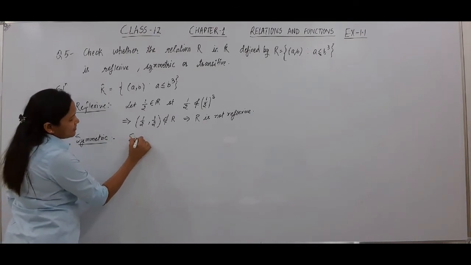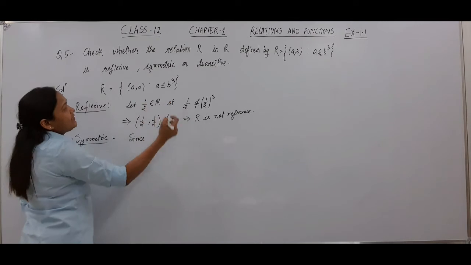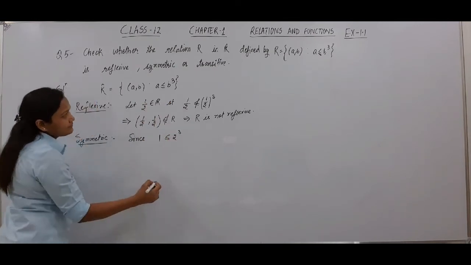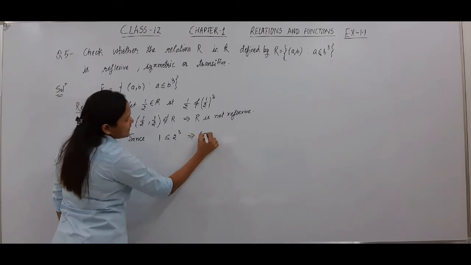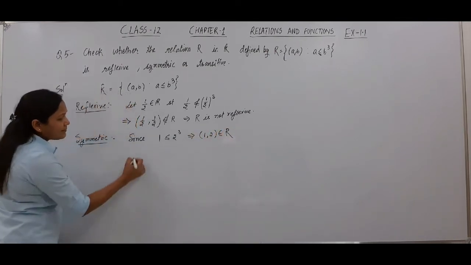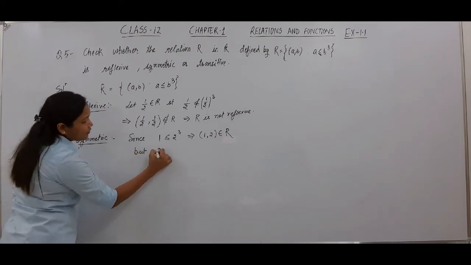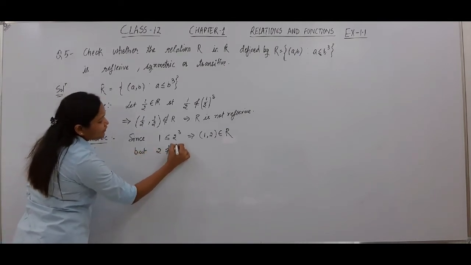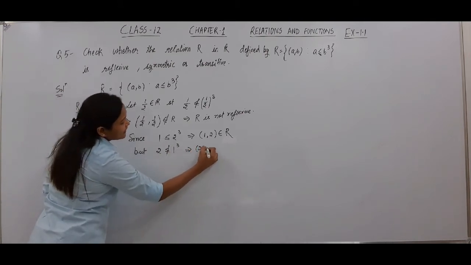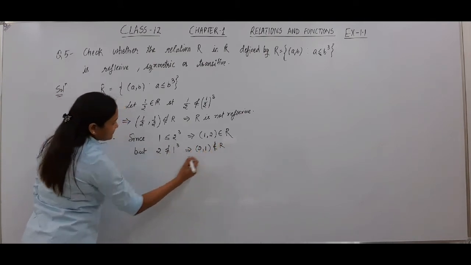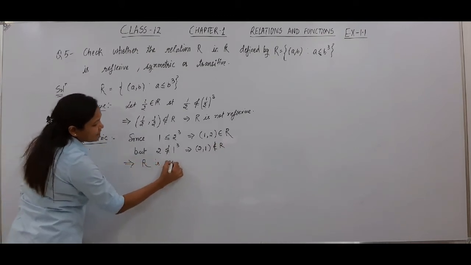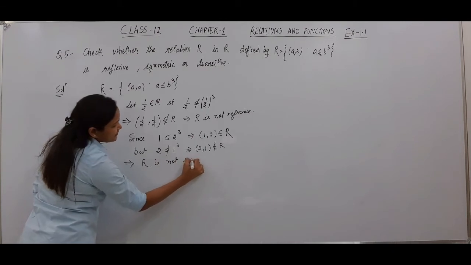Let us take 1 and 2. 1 is less than equals to 2 cube. That implies that 1 is related to 2. But 2 is not less than equals to 1 cube. That implies 2 is not related to 1. This implies R is not symmetric.